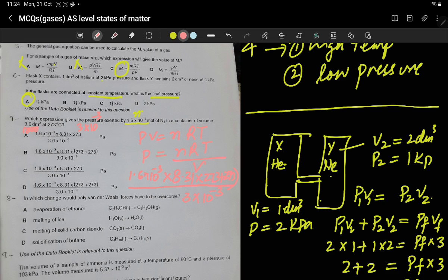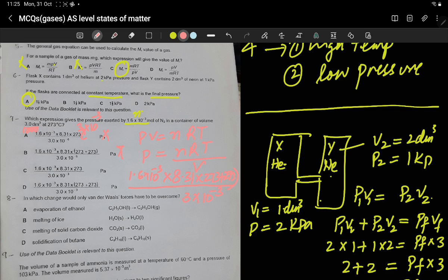So look at the expressions. A is incorrect because the volume is 10^-6, with 8.3, and the temperature is in degrees centigrade. This is incorrect. Another has 1.6 × 10^-3 and 8.3, which is correct, but the volume is 3 × 10^-6, which is again incorrect.